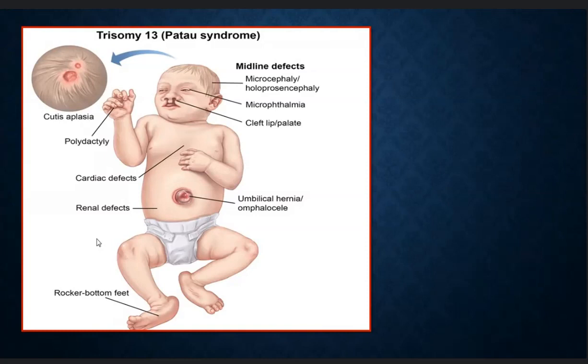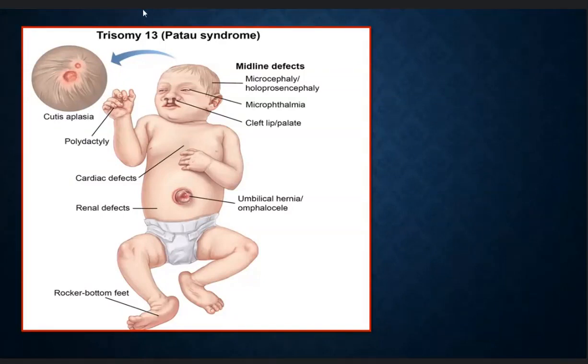Starting from the phenotype of those patients, from the top of the head, from the vertex, we have what's called cutis aplasia, which is the absence of the skin of the scalp over part of the head. If we go to the face, of course, we have microcephaly, and I will skip holoprosencephaly because I will explain it more in the next slides.